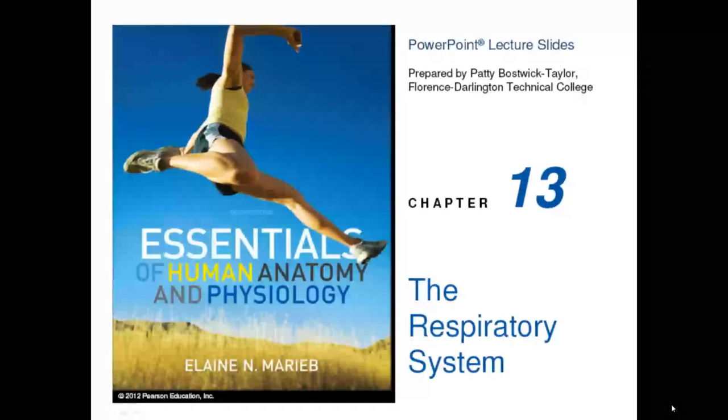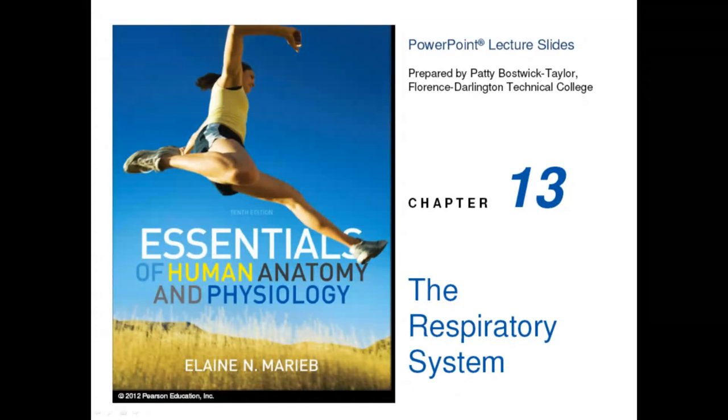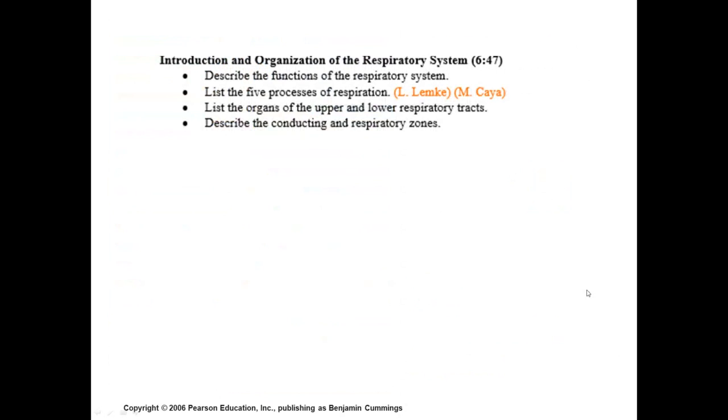Alrighty, so this week we covered the respiratory system, and using your muddiest points results from the wiki, I'm going to cover specific topics. From the first screencast, Introduction to Organization of the Respiratory System, we had a couple of questions about the 5 processes that are involved in respiration.